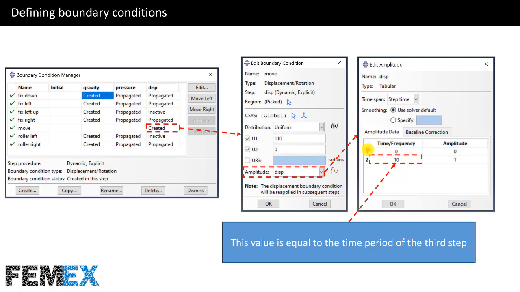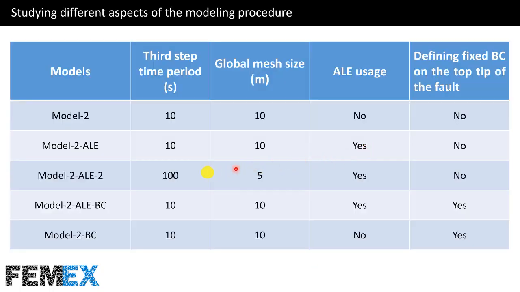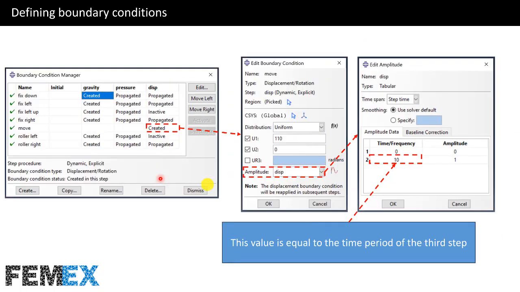If I go back to the previous slides, here you can see that for the third step, its time period is 100. So when we are modeling the third step, here we must write 100 instead of 10.